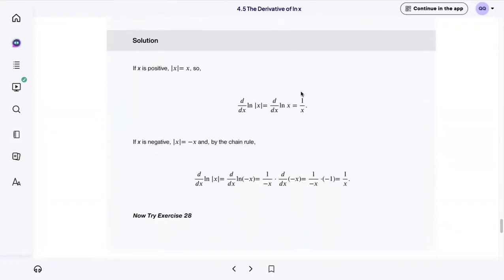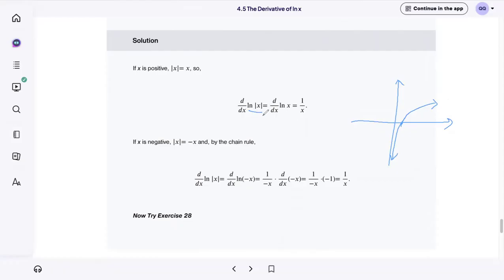Remember the graph of ln x. The graph happens on the right-hand side of the x-axis. So which means the domain of the ln function has to be positive.